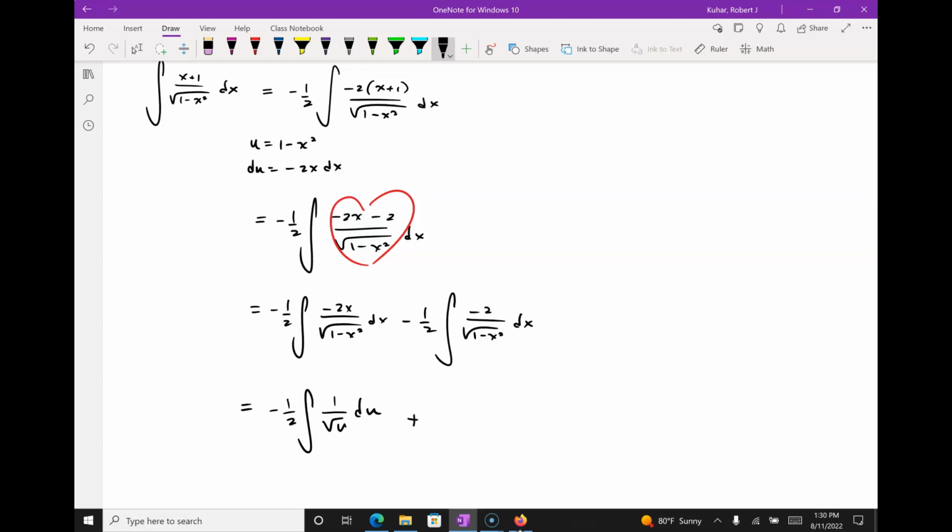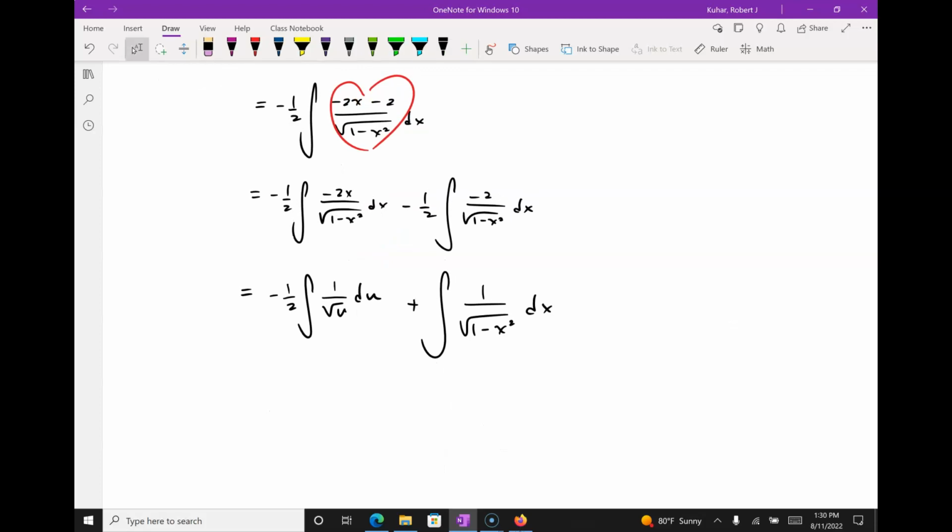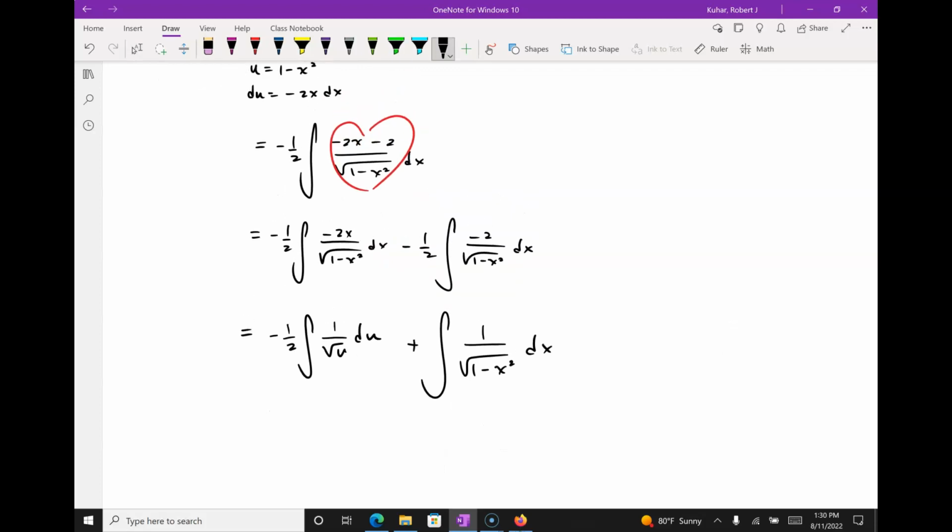But my other one, you see, is really recognizable right away, isn't it? Negative 2x dx is what? Du, yeah.